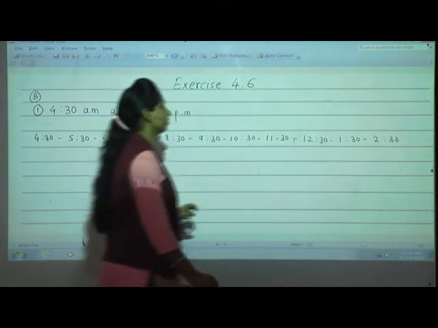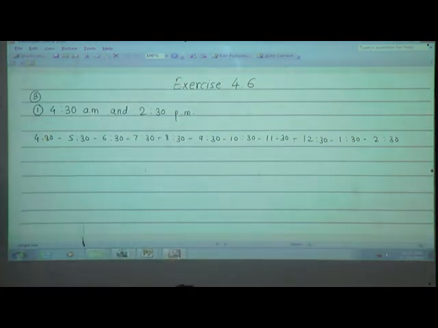See, exactly it is. So just we have to count between all these hours.